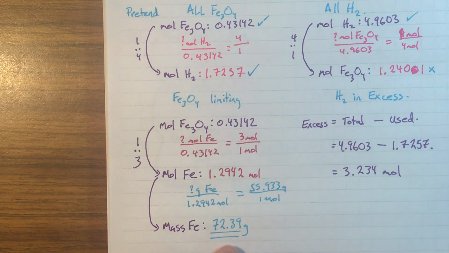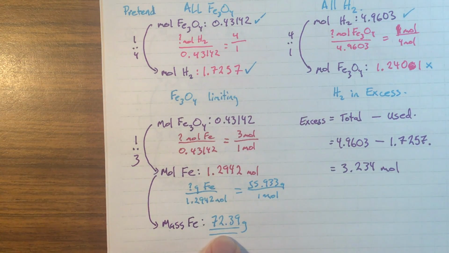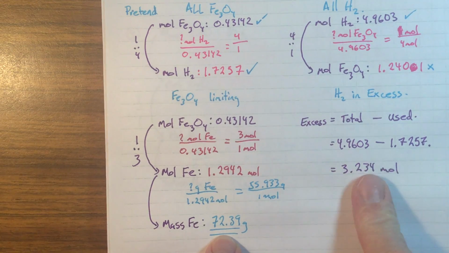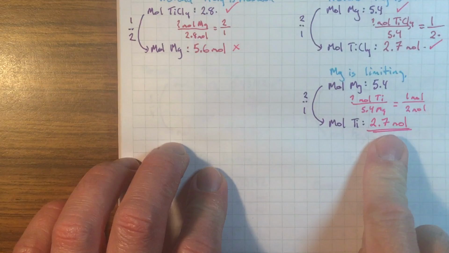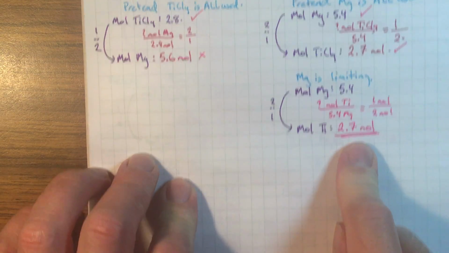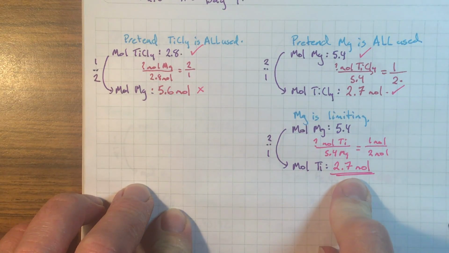Question number 2, we're going to do 72.39 grams of Fe with 3.234 moles of excess hydrogen gas. Question number 1, we're going to need 2.7 moles of titanium in our chemical reaction.